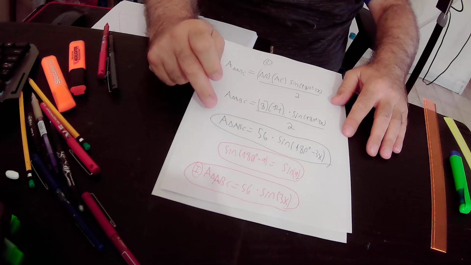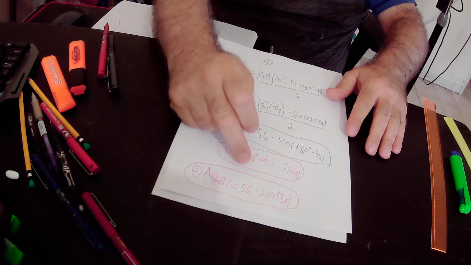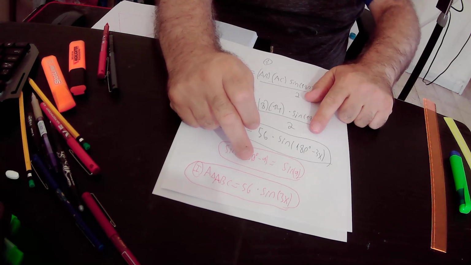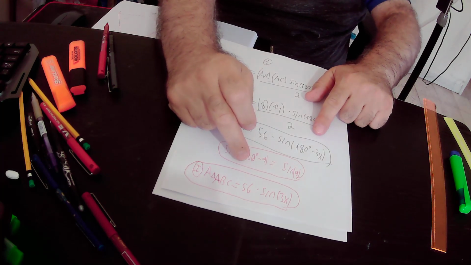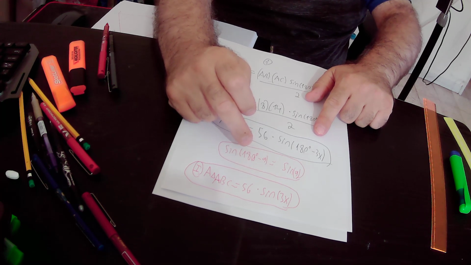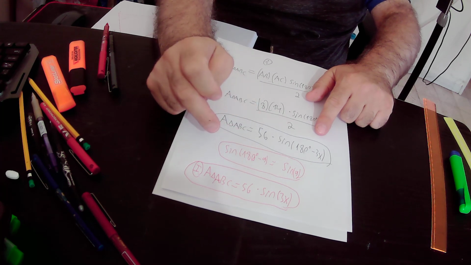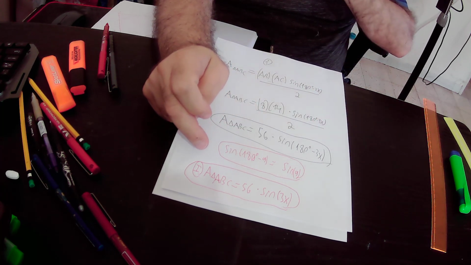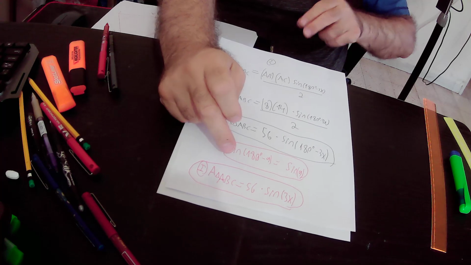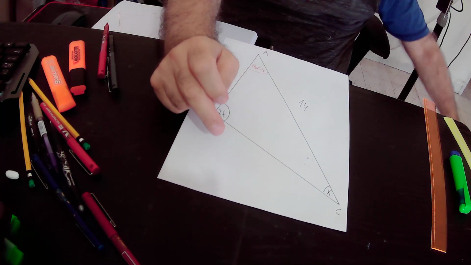So instead of sin of 180 degrees minus 3x, we can write sin 3x. So the area of triangle ABC equals 56 times sin 3x. That is equation number 1.